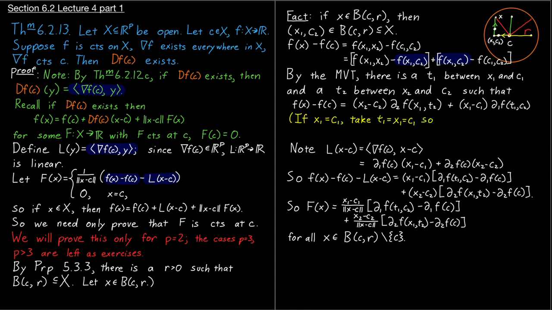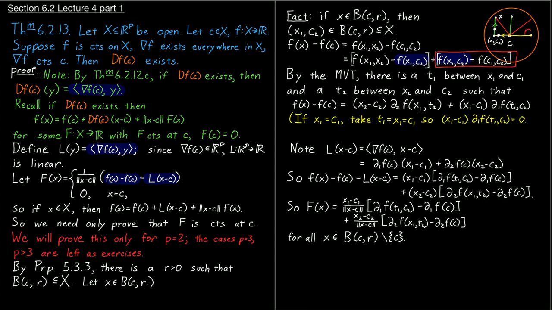So in this case, x1 minus c1 times partial 1 f of t1, c2. Well, I don't care what that partial derivative is. We just put a 0. It's just 0 here because x1 minus c1 is 0. And that's okay. That is indeed equal to this difference up here.